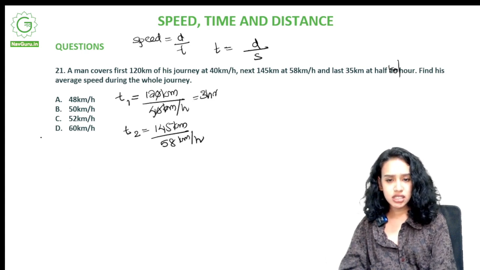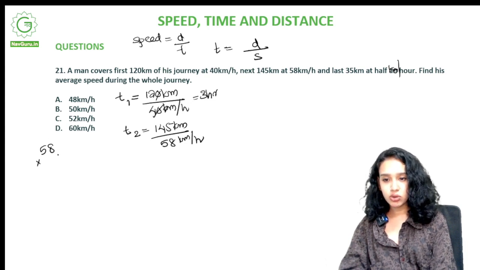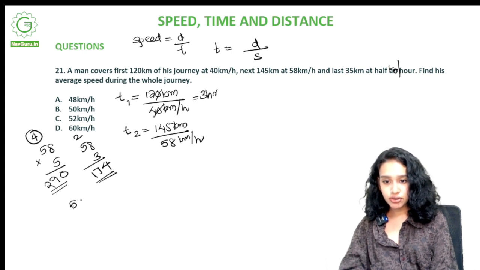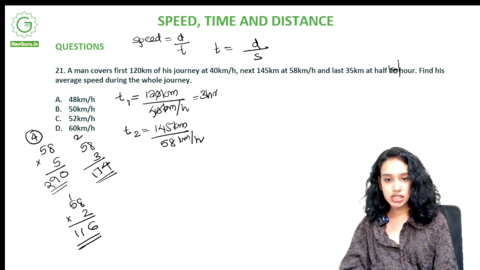So let's see whether this is divisible, which would not be, but still we could see, right? 58 into 5 is 290, it's too much, right? So 58 into 3, 8 3s are 24, 5 3s are 15, 16, 17, no, again too much. 58 into 2, 8 2s is 16, 2 5s are 10 and 1 is 11, 116, right?